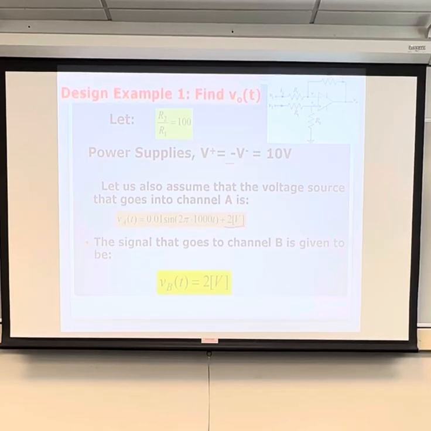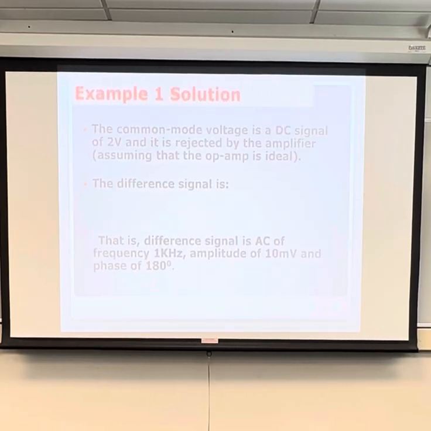So what do these two signals have in common? The 2 volts. So the 2 volts is the common mode interfering waveform. The desired signal is V sub A. At the same time, V sub A contains a common mode, and then the second channel also has a large 2 volt common mode on its input.